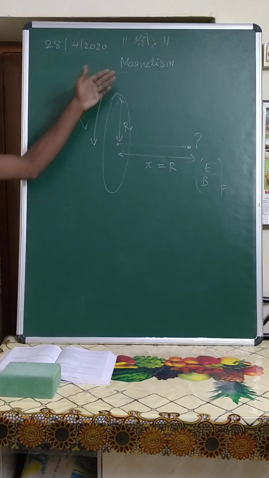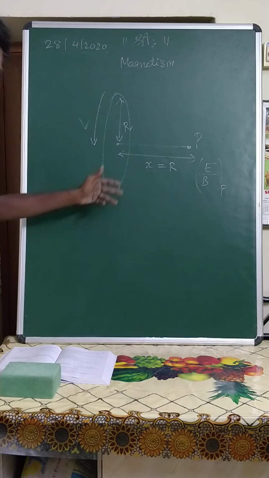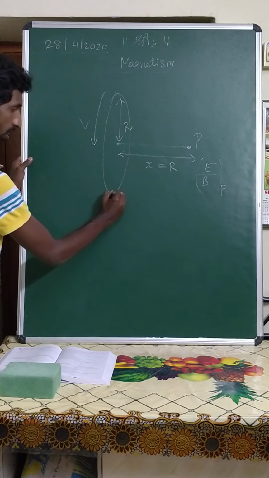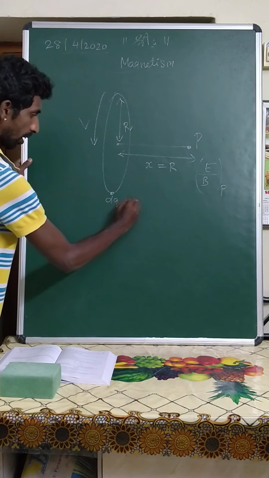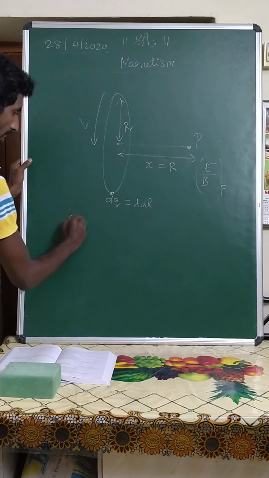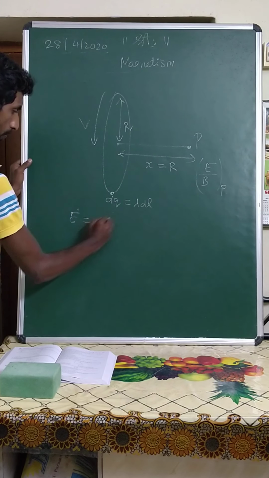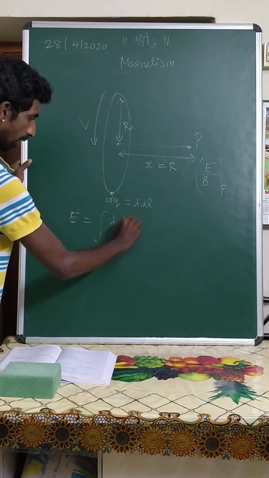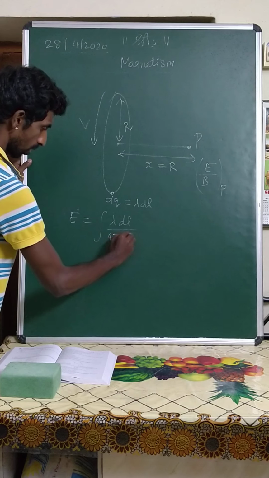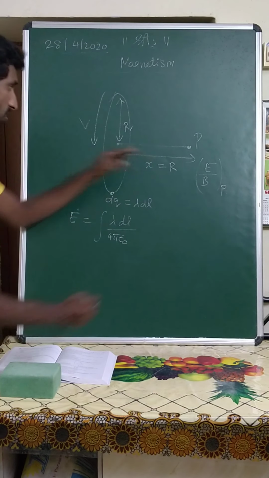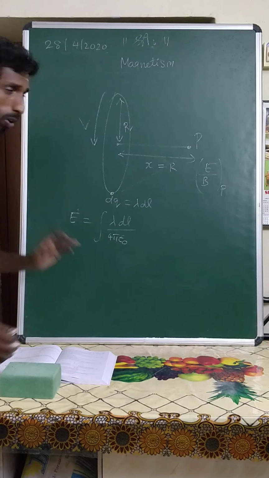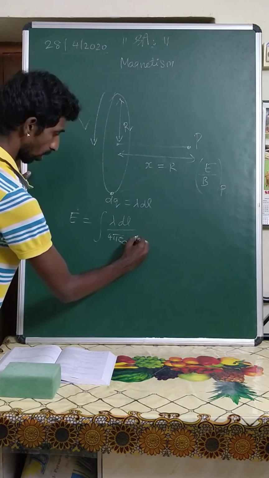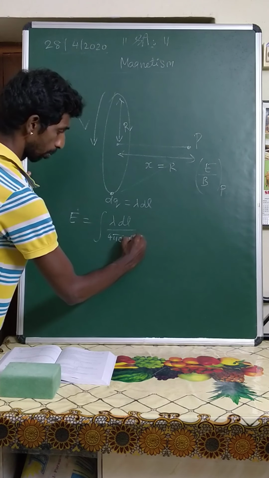For a circular ring of charge, we can consider a small charge dq, which can be written as lambda into dl. So I can write E is equal to the integral of lambda dl by 4 pi epsilon naught times the distance squared. This distance is, by Pythagoras theorem, root 2 r, so the square will be 2 r square.